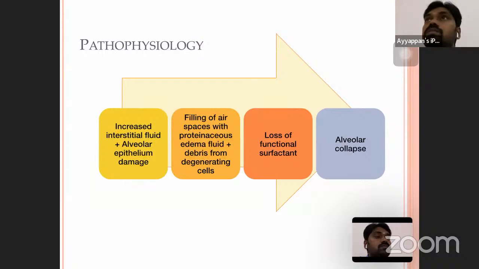So what these things lead to is increased interstitial fluid as well as alveolar epithelial damage and alveolar fluid, and the alveoli become filled with thick proteinaceous fluid and cell debris from cell death, and this results in loss of surfactant function, and it ultimately leads to alveolar collapse.